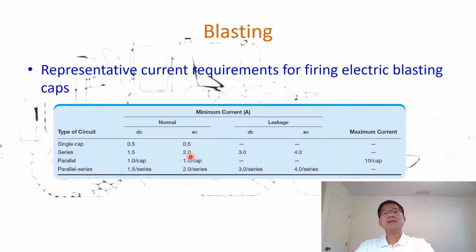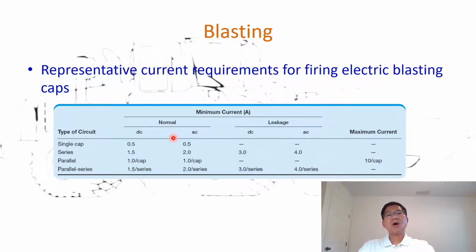The first one is table 6-5 in your book, and that determines the minimum current requirement, and it depends on several parameters. The first is the type of circuit: if it's only one single cap, that is easy. If it's series, the first one we showed in the previous slides, parallel, or parallel series.